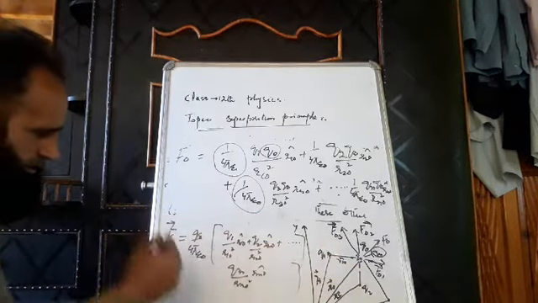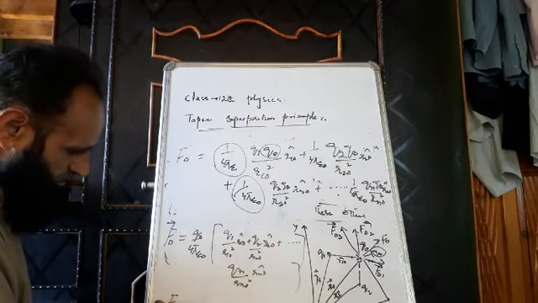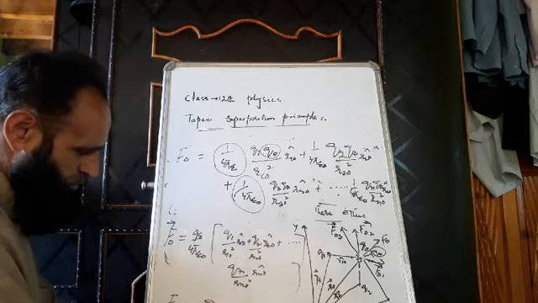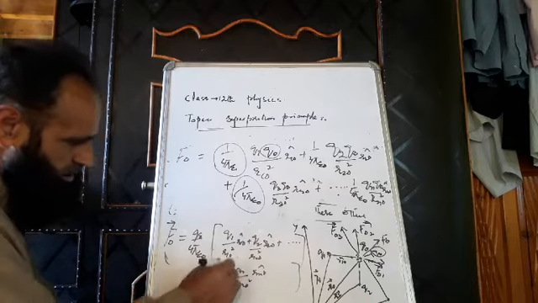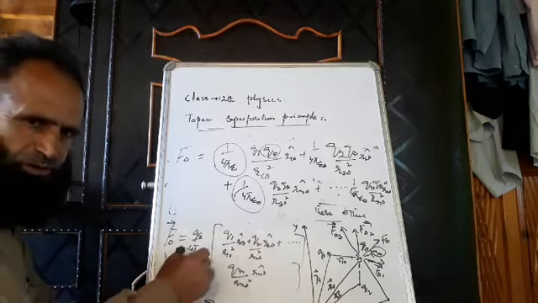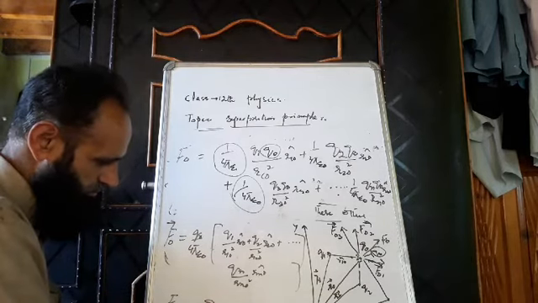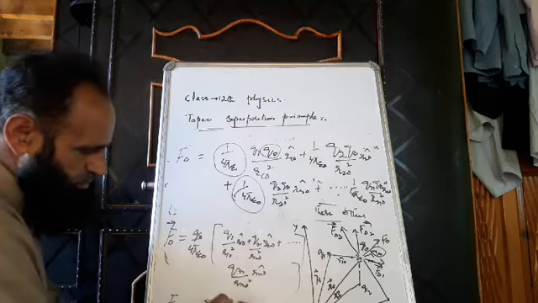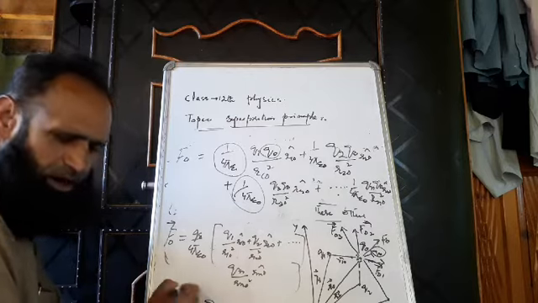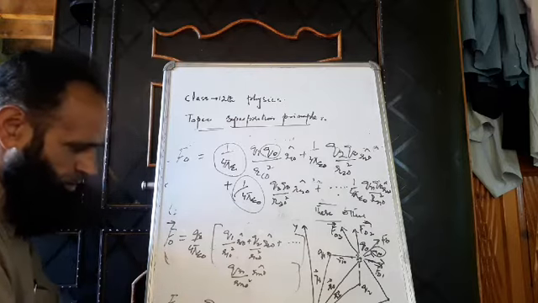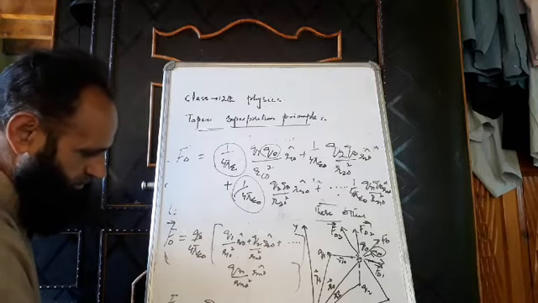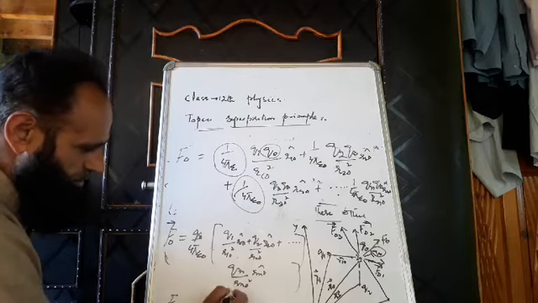F0 would be equal to Q0 by 4 pi epsilon naught times a summation. We can use the summation term here, where i goes from 1 to n.